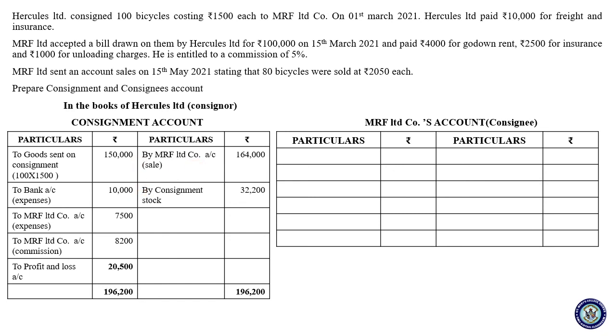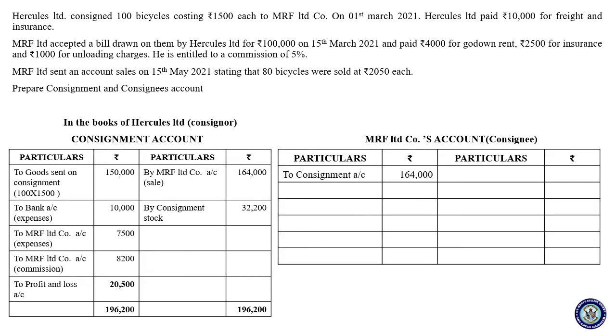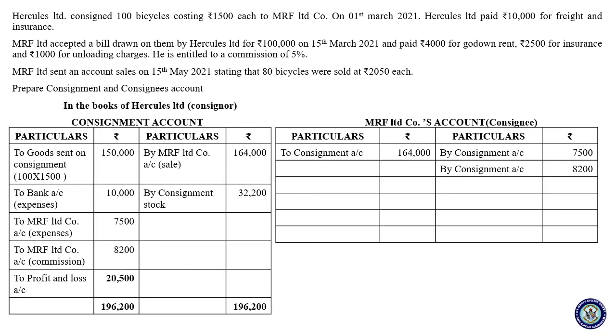So in MRF Limited, it is to consignment, that is 1,64,000. Then the expenses as well as commission, that is from consignment. And the next two entries, one is the bills drawn, and the second is the advance payment or advance amount received by the consignor.